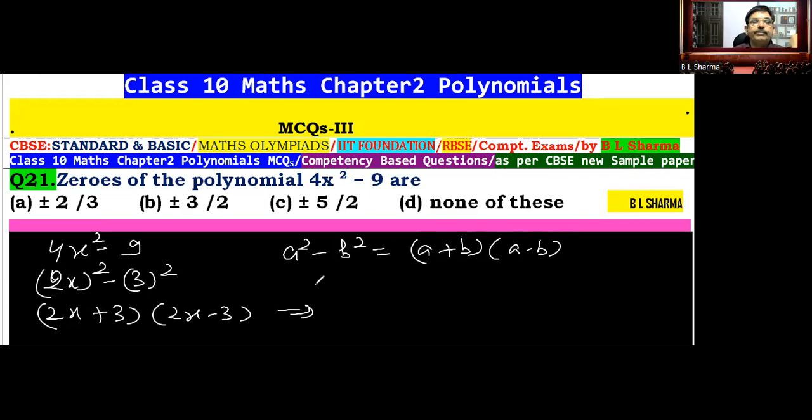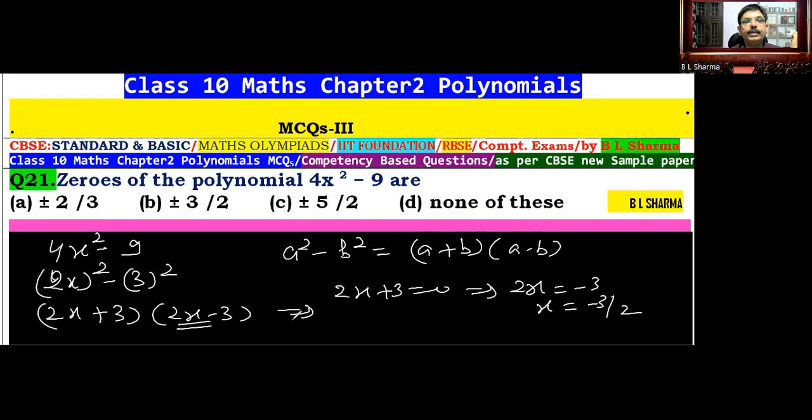जैसे ही आप 2 लीनियर फैक्टर्स फाइंड आउट करते हैं, each फैक्टर को 0 के इक्वल पुट कर दीजिए. So first factor is 2x plus 3 equals 0. So 2x is minus 3. x is also minus 3 by 2. And second factor is 2x minus 3, so put this equal to 0 also. 2x minus 3 equals 0. So 2x equals 3 or x equals plus 3 by 2.